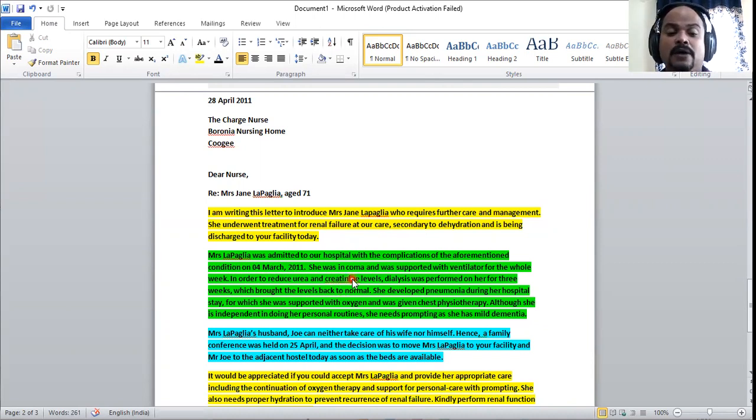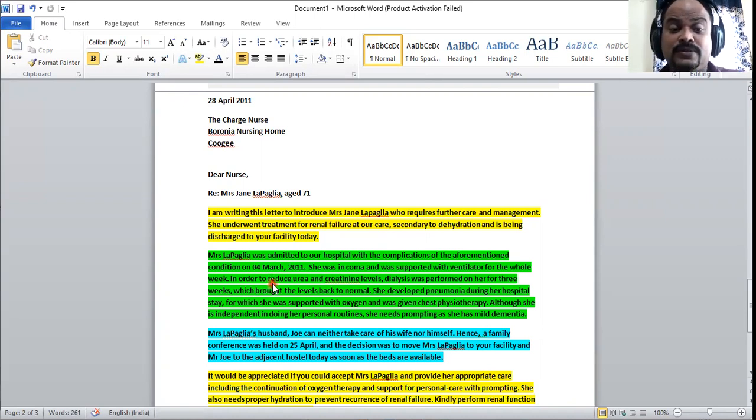She was in a coma, she was unconscious, and was supported with a ventilator for the whole week. So on the 4th she got admitted, then 5, 6, 7, 8, 9, 10, 11. Up to the 11th, she was on the ventilator.